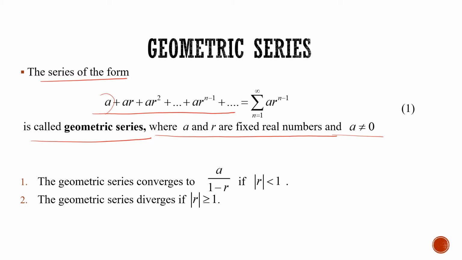I call this series equation number 1, and this geometric series 1 will converge to the value a upon 1 minus r if mod of r is less than 1, and will diverge if mod of r is greater than or equal to 1. Now we are going to prove this result, that is, when this geometric series will converge and when it will diverge. So let's start the proof.